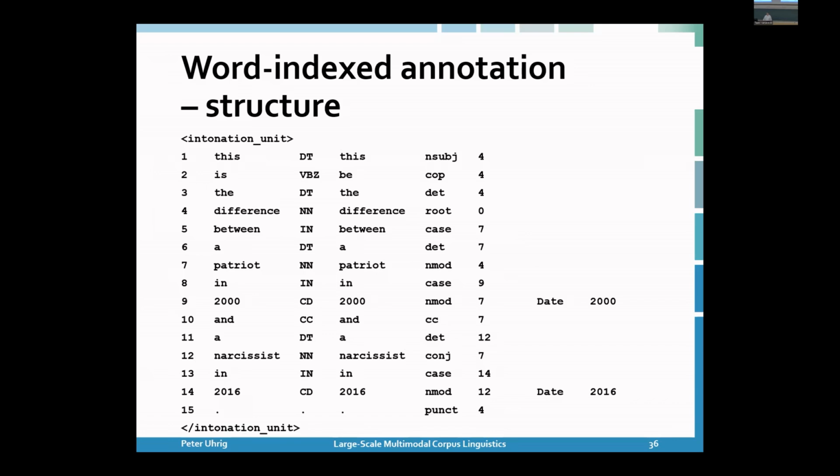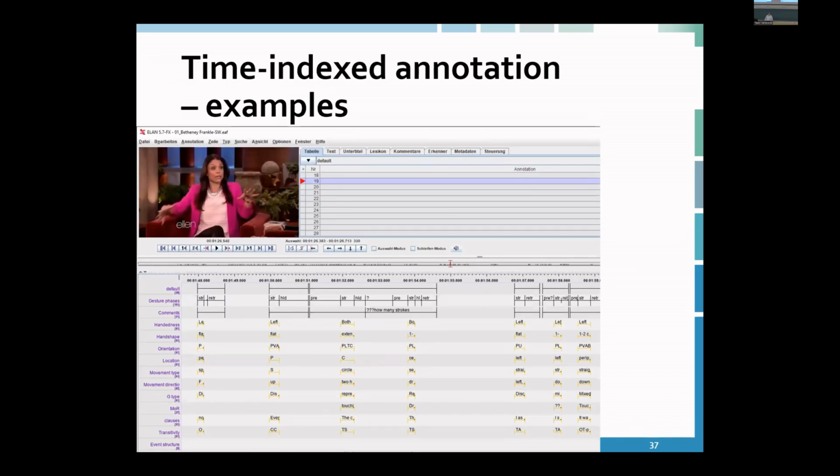And it doesn't help you much if people gesture, because it turns out they don't gesture exactly on individual words. So what we have here is an example from Suwei Wu's PhD thesis. And we see that in this case the annotations are given at certain times.